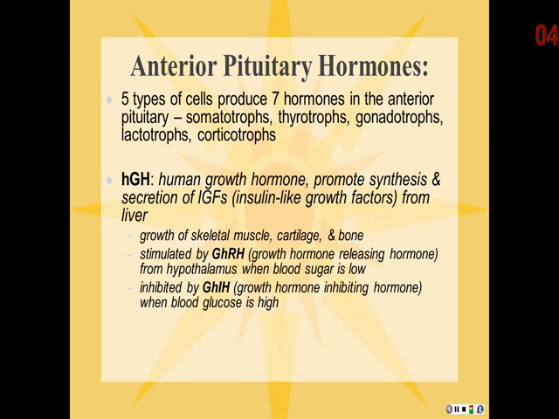It is stimulated by growth hormone releasing hormone from the hypothalamus when the blood sugar is low, and inhibited by growth hormone inhibiting hormone when the blood sugar is high. The blood sugar is involved because this hormone also causes fat to be broken down to make more energy available as sugar. Our levels of HGH are highest in childhood and exponentially decrease around age 30.